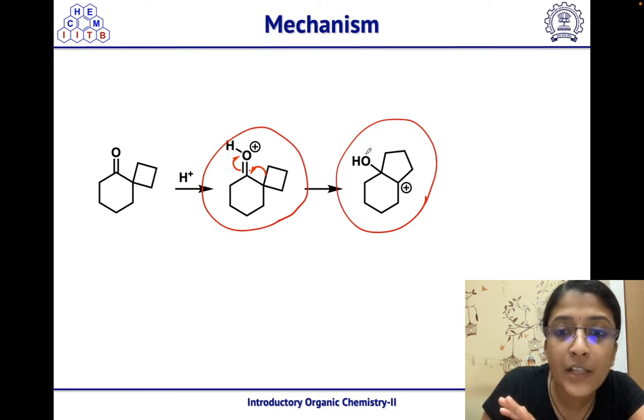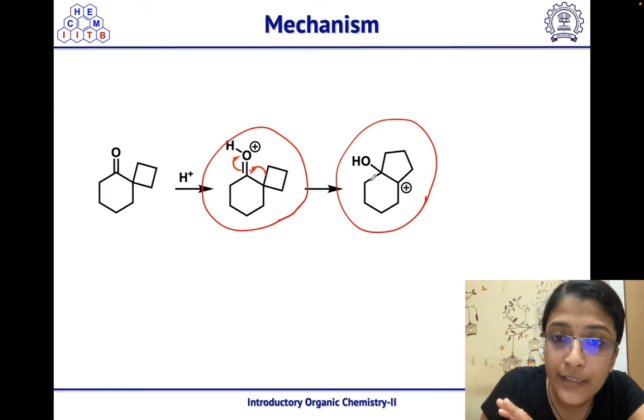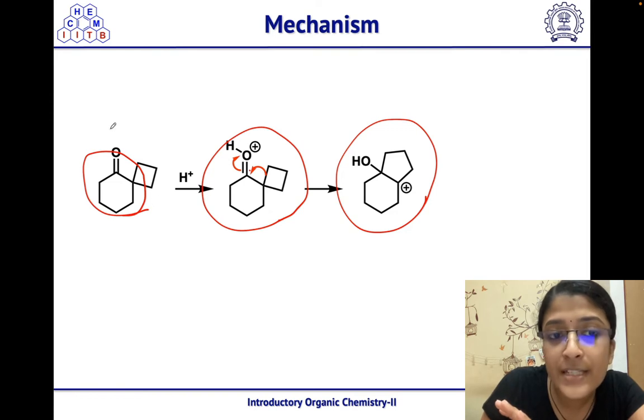Now what will happen when the lone pair of electrons on this hydroxyl shifts in this direction to form a ketone? Either this carbon-carbon bond can migrate to neutralize this carbocation, or this carbon-carbon bond can migrate. We know that when this bond migrates, it will give back the starting material, which is highly strained because of the cyclobutane ring.